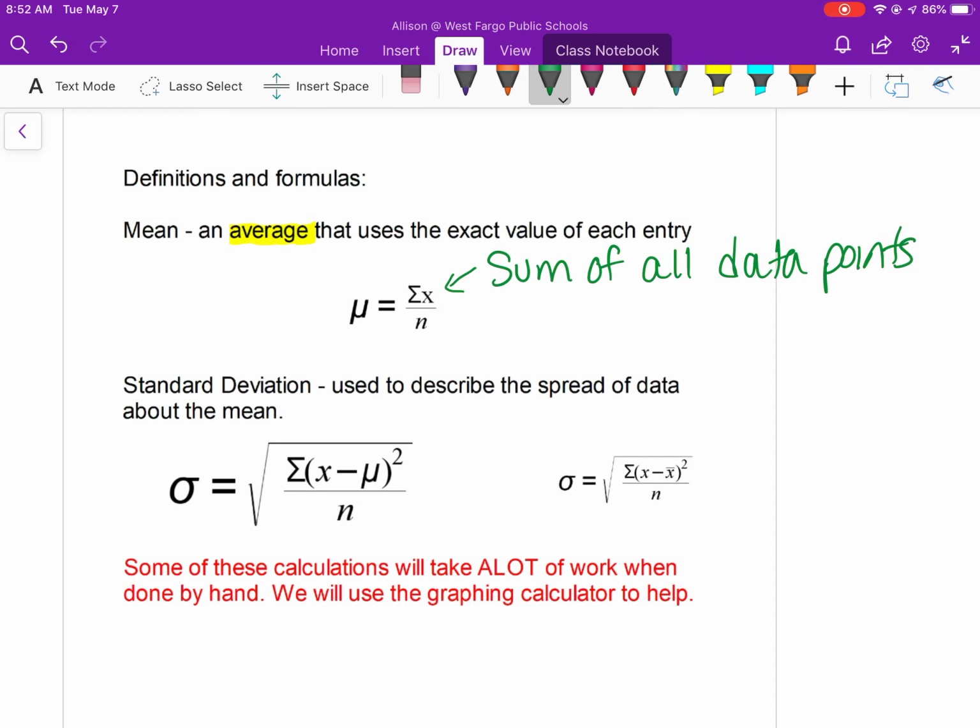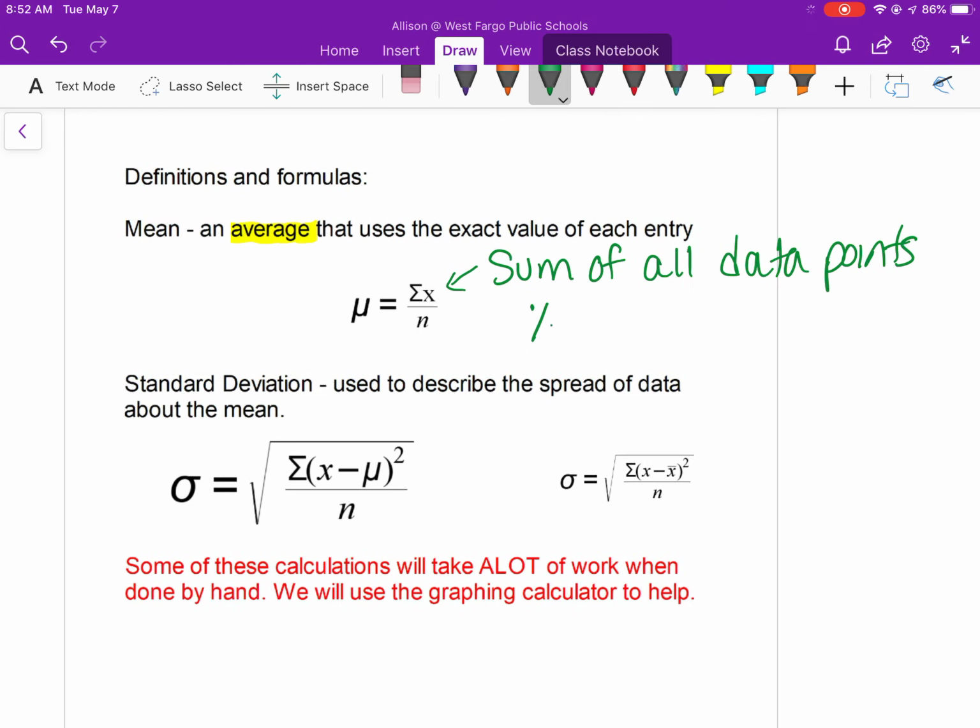And then how you find average is you take that sum divided by the number of data points, so divided by n. And so we use mu, or you might see X bar. So the sum of all the X's divided by the total number of X's.